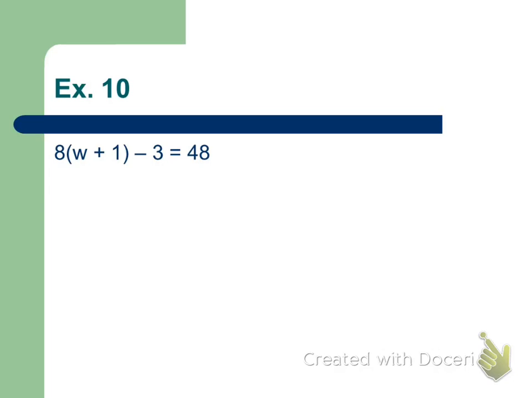Alright, let's jump ahead to number 10. Number 10, if you want to save parentheses for last, you got a little bit more work to do. You would have to move the 3 first. So let's just hear from anybody, want to volunteer to tell me how they did this? Carl? Okay.